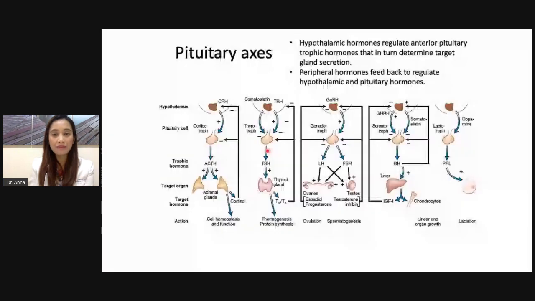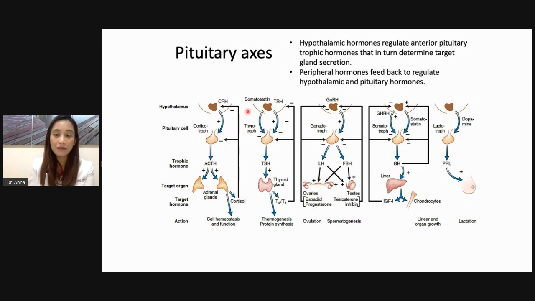Again, your hypothalamic hormones regulate anterior pituitary trophic hormones that in turn determine target gland secretion. So these are your different target glands. And the peripheral hormones feed back to regulate the hypothalamic and pituitary hormones. So this is your hypothalamic pituitary adrenal axis.